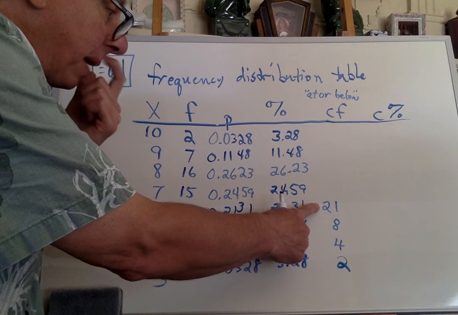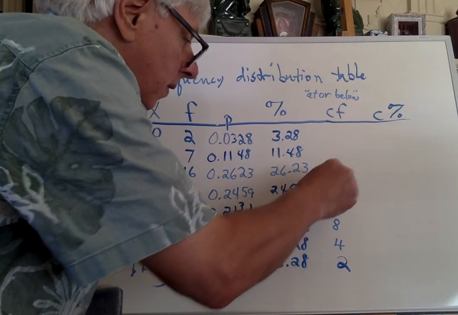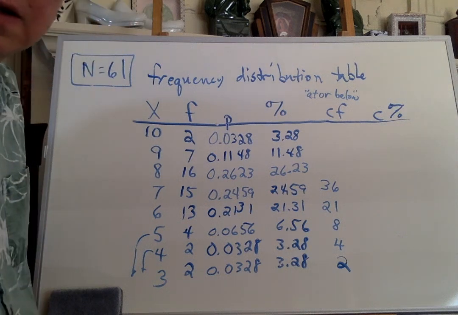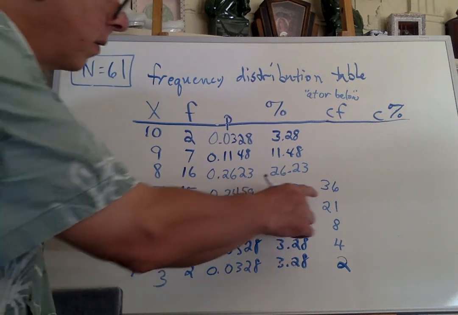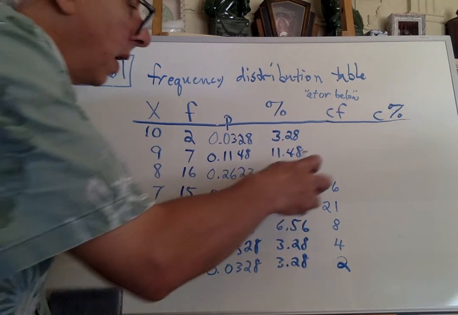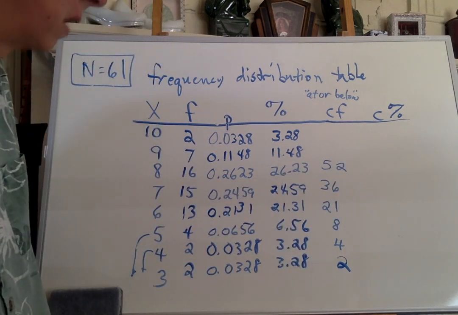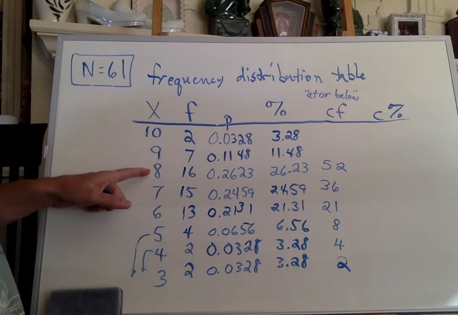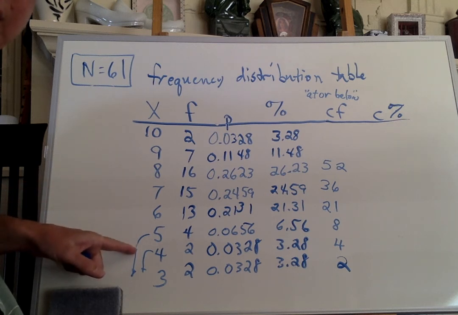We have 21 people. We're going to add 15. So this is 36. Okay. And 36 people, we're going to add 16. So that's 52. Okay. 52 people reported a happiness score of 8 or below 8.